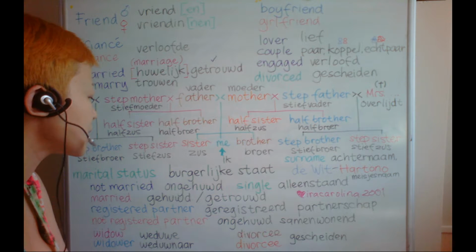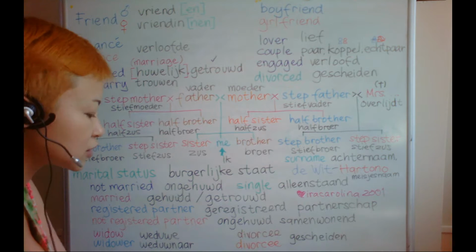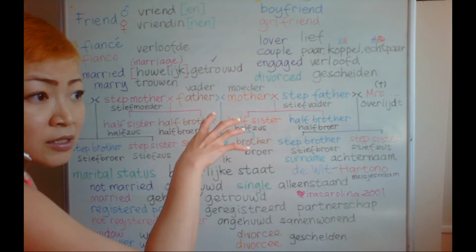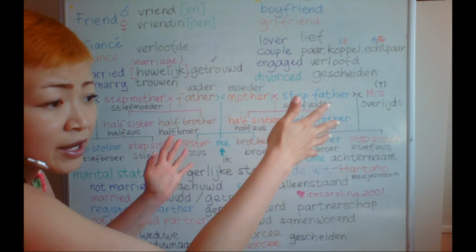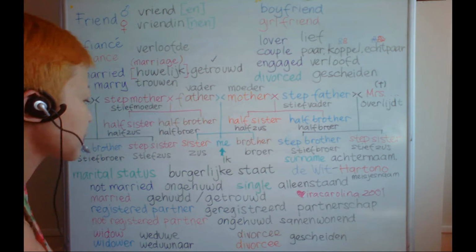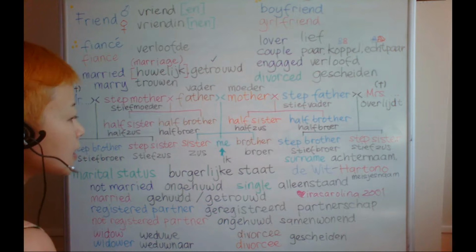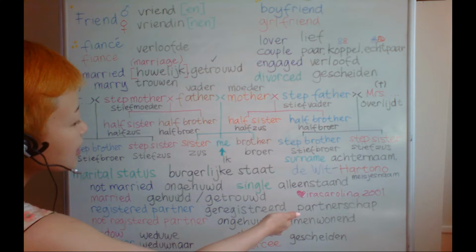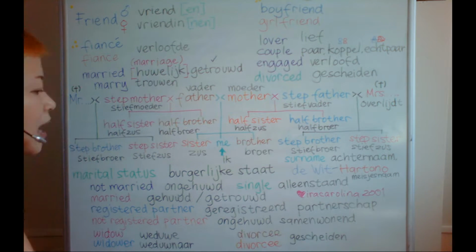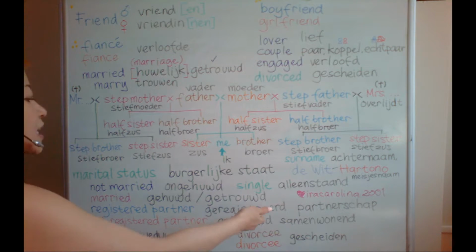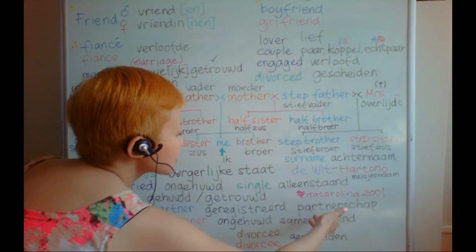In the gemeente it becomes a partner, but you're not married. You just registered X with Y together as partner. So registered partner is geregistreerd partnerschap. Geregistreerd partnerschap.